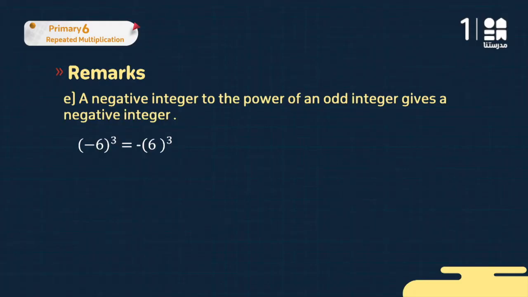But if I have a positive times another negative, it changes my positive to a negative. So I have a negative integer. So negative 6 to the power of 3 gives a negative answer. It will be negative 216.